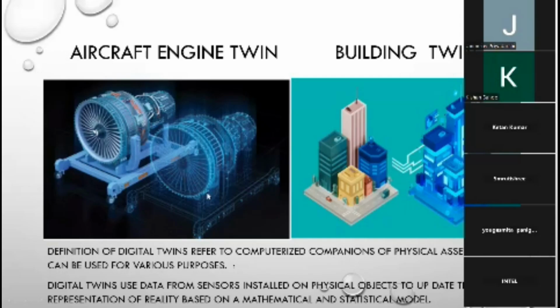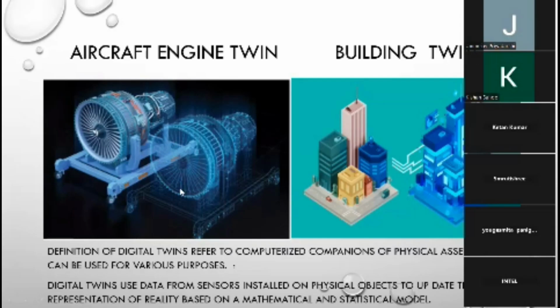There's a very big company called GE, General Electric. They are using digital twins to identify the parameters. They do the testing based on that, and they created a digital twin of the aircraft engine. That is very helpful and useful for them. So what exactly did they create?